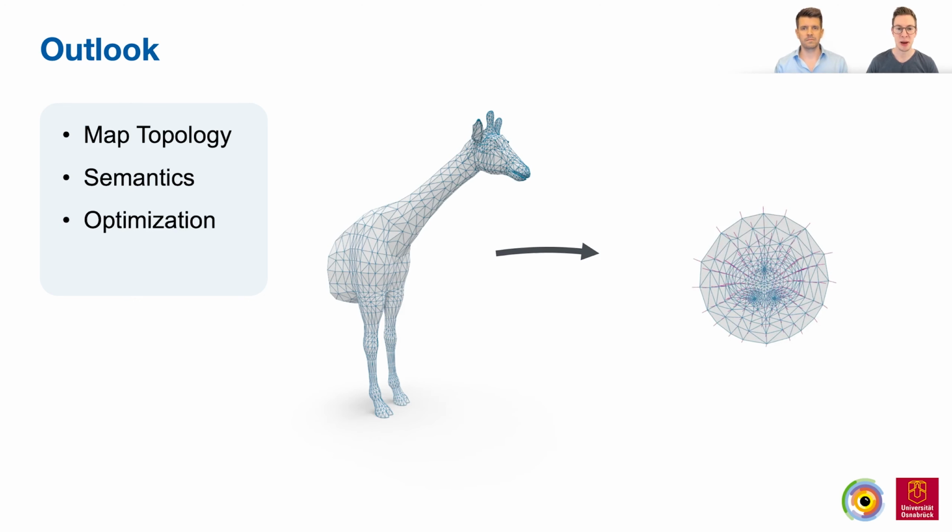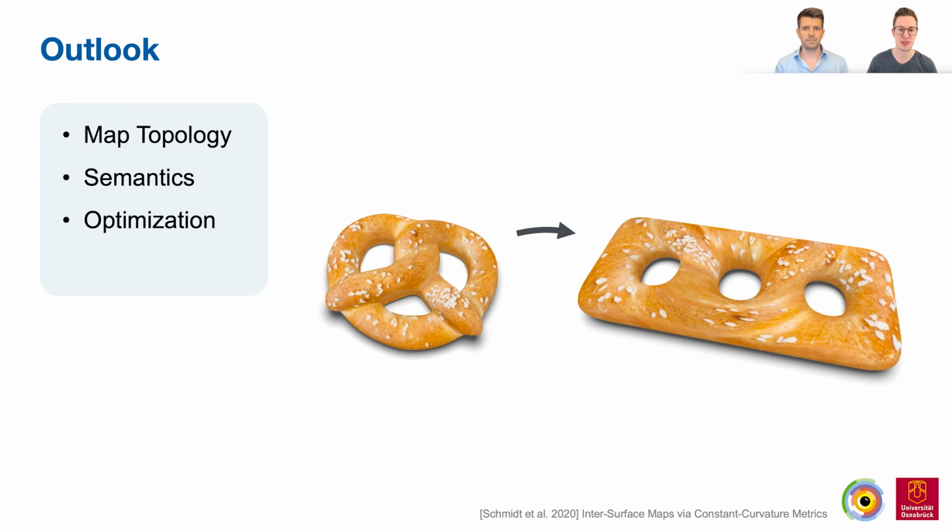In terms of continuous map optimization, the surface-to-plane case has received quite some attention recently, in particular when it comes to speeding it up, for example via specialized preconditioners and other strategies. Unfortunately, many of these advances don't trivially extend to the surface-to-surface case, because there is some added complexity. For example, the varying combinatorial structure of the overlay mesh, or the non-existence of a global coordinate system in some representations.